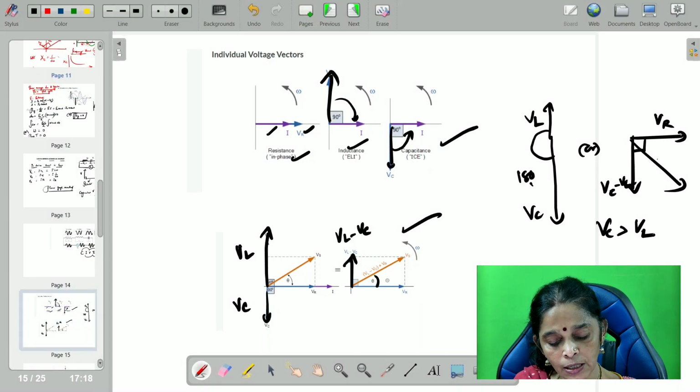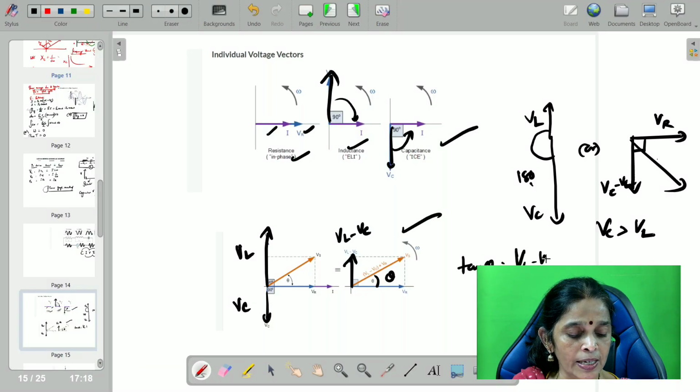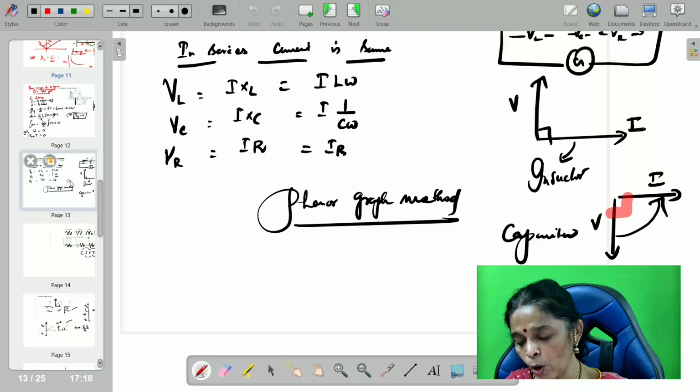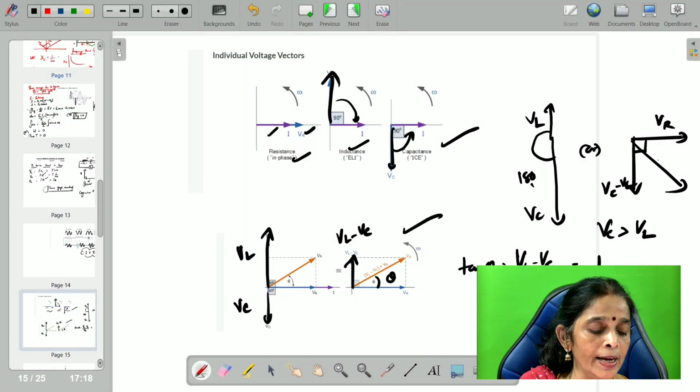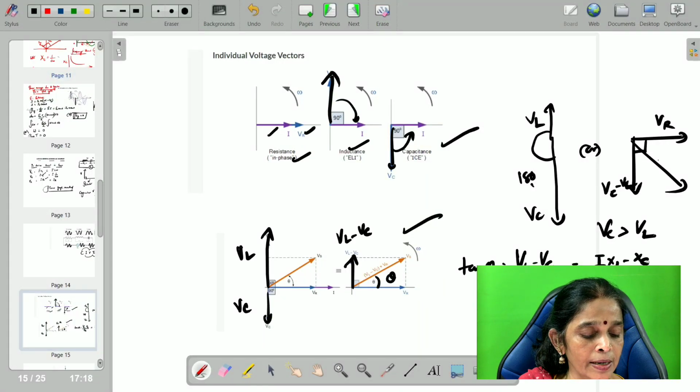So now from this, you can find out tan theta. So tan theta is equal to VL minus VC divided by VR. Children, what is VL? We have already written. Yes, I into XL, I into XC, I into R. Same thing I'm going to write. So I into XL minus XC divided by I into R. I gets cancelled.